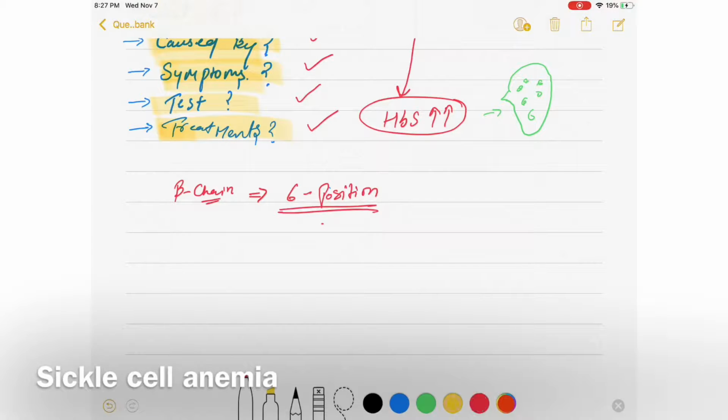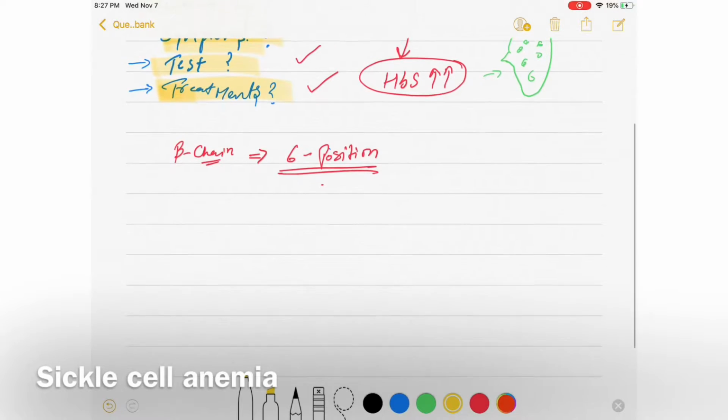You know which amino acid is converted? That's the key point here. Glutamic acid is replaced by valine, meaning E is replaced by V.